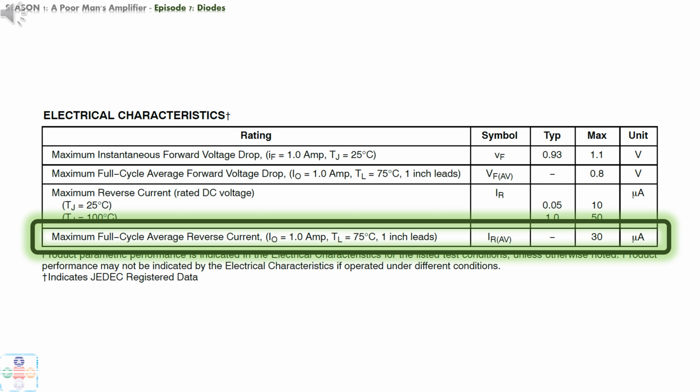The laboratory test parameters at which this value was obtained are as follows. The circuit is continuously running for a long period of time, with a constant current of 1 ampere flowing through the circuit, and the temperature of the diode leads is at 75 degrees Celsius, and the measured reverse current through the circuit is averaged, and not exceeding, 30 microamperes.